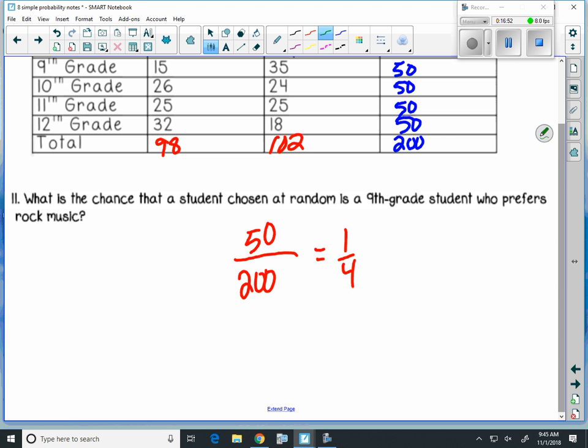Okay, how many students prefer rock music? 98. Out of how many? 200. Okay, now I don't know if we can break that down. I'm going to get my calculator. Sure we can, because we're even.